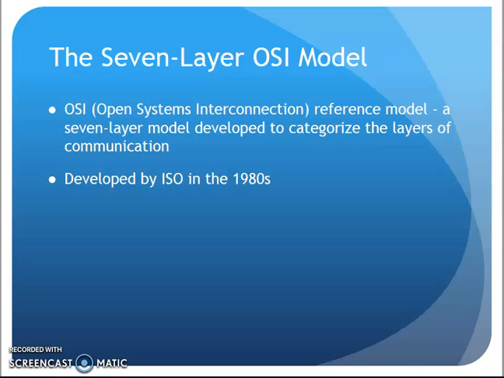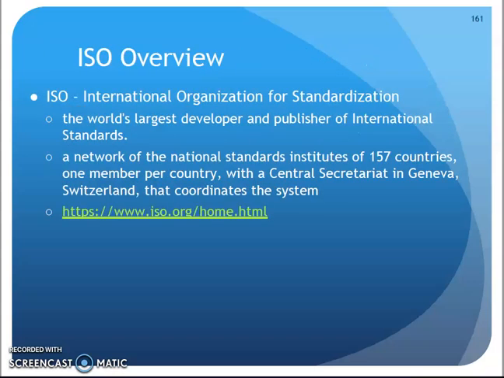So, OSI model, Open System Interconnection Model, was actually developed in the 70s and the early 80s by ISO, International Organization for Standardization. It is just that. It's an international organization made up of many countries around the world to help with standardizing things like, I'm going to move a piece of electronic data from my computer here in this part of the world across the internet to your computer in your part of the world.